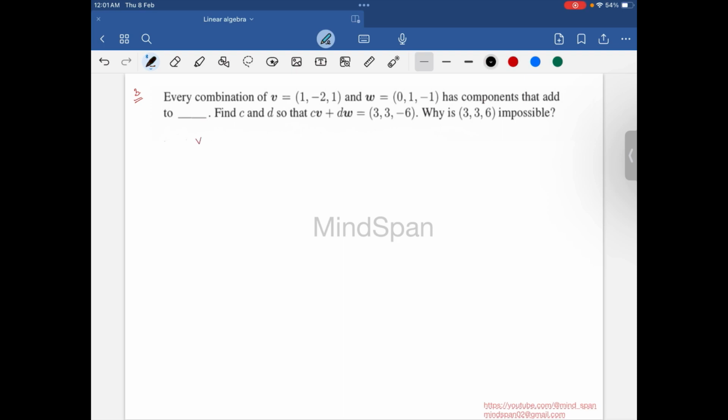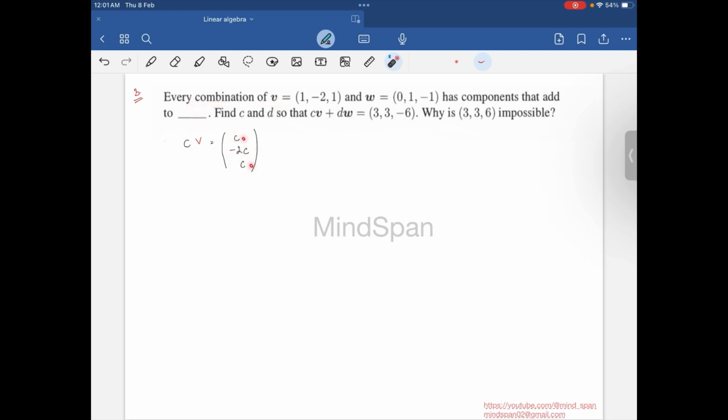You can take the combination of v by multiplying by c, any number, and that will give you c, minus 2 times c, and c, right? The point is that if you add the components of v, 1 minus 2 plus 1, by adding the components, what you will get is 0, right?